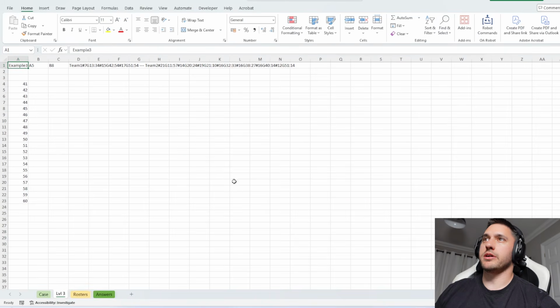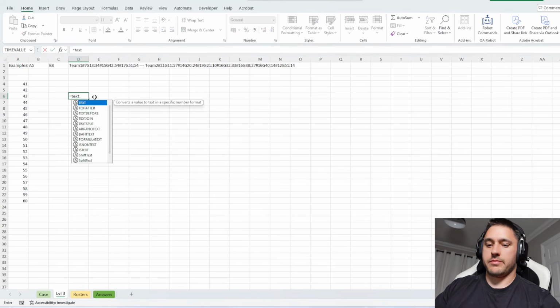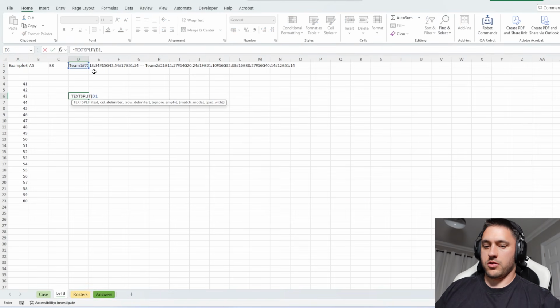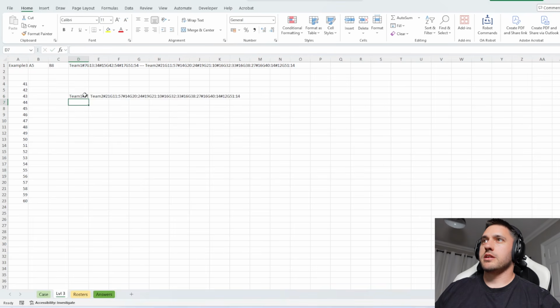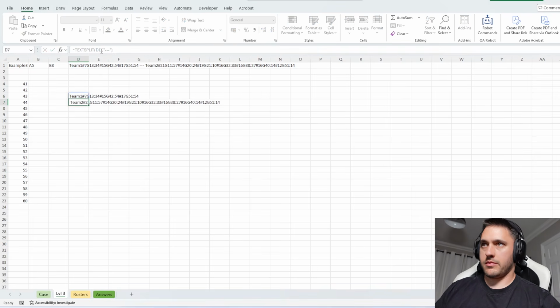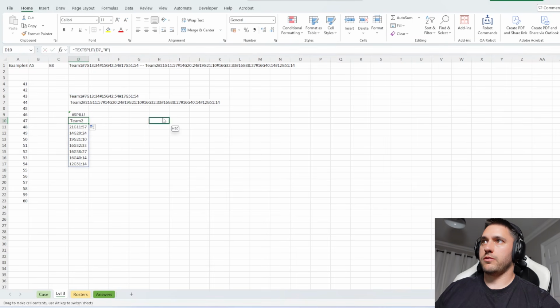So I essentially set up a data table, and I text split this on something like this to get team 1 and team 2, like so. And then I said text split this on a hash, and the same for team 2. So that was kind of what it looked like.